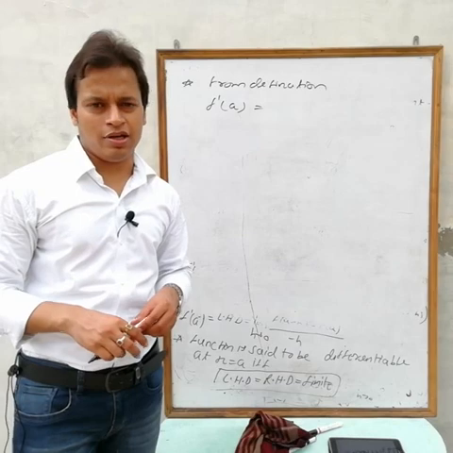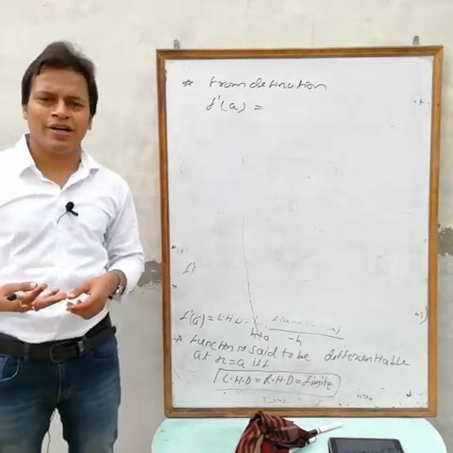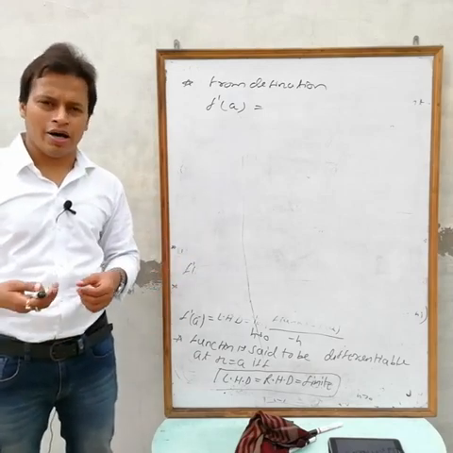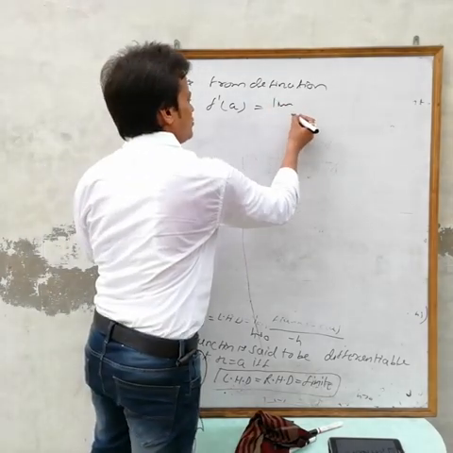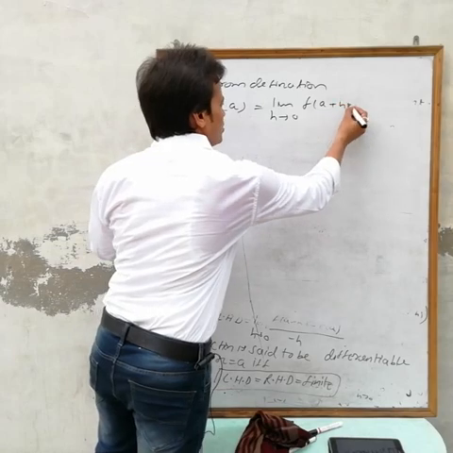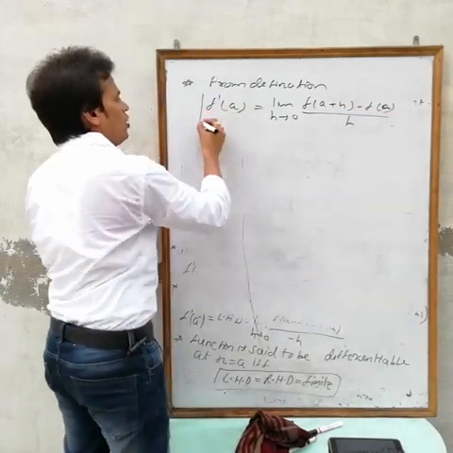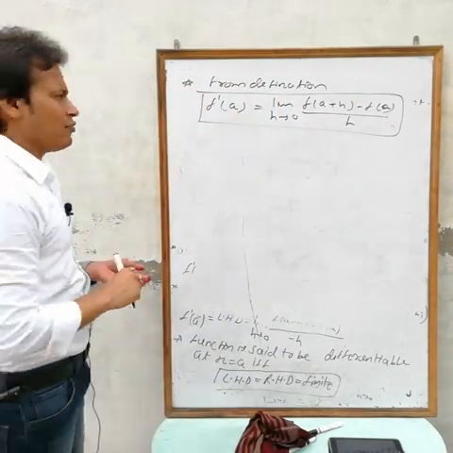If the function is differentiable, then you can find the value of f dash a, the derivative at x equals a, by using either LSD or RSD. But we will use RSD mostly, limit h tending to 0, f(a plus h) minus f(a) by h. Now, this is the formula of f dash a, the derivative at the point x equals a.